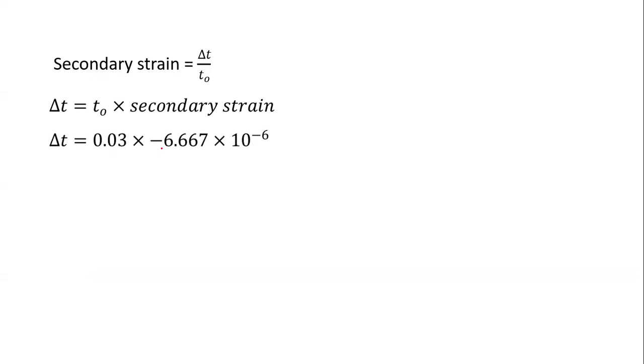Secondary strain is negative 6.667 times 10 power negative 6. And that is what we get from working this out: negative 2 times 10 power negative 7. If you use the number the way it appears on your calculator, this is the result you get: negative 2 times 10 raised to power negative 7.